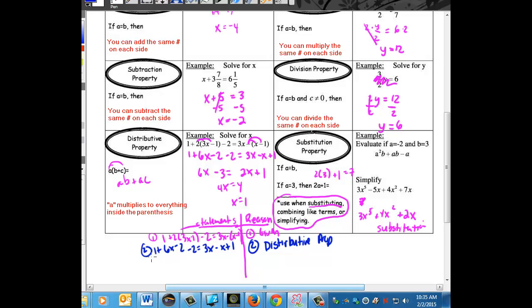Next, on statement 3, we must combine like terms. So we end up getting 6x minus 3 equals 2x plus 1. Now, the reason for this, even though it's called combining like terms or simplifying, the rule that I have to use is substitution. And maybe in parentheses, let's put combining like terms.